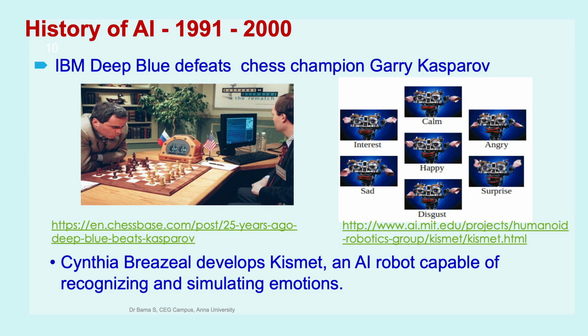So, these emotions, although we say now there are plenty of emotion recognition systems available, in those days there was one incident that started this off, developing an emotion-simulating AI robot.